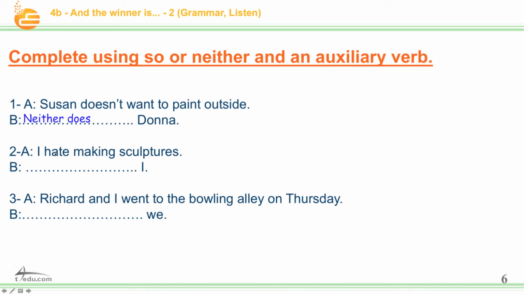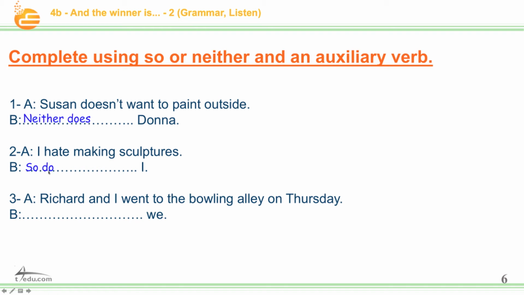Number 2. I hate making sculptures. Blank I. Of course, we use so do I. So, affirmative statement, we use do.